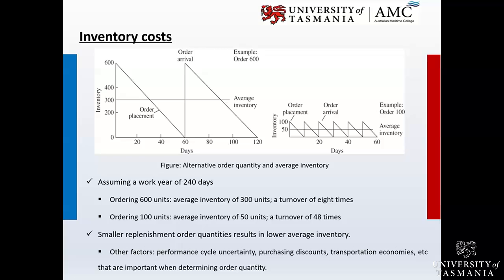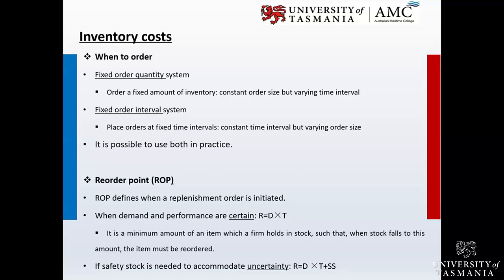Okay, this is an example about the order size and average inventory. Now the next question is when to order and how much you should order. Regarding the ordering time, there are two systems. One is fixed order quantity and the other is fixed order interval.